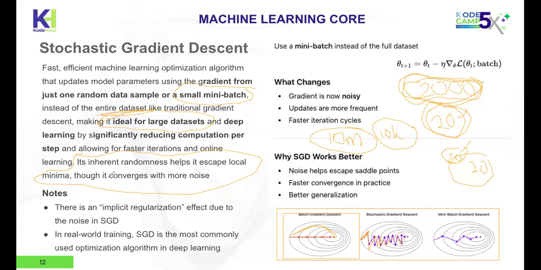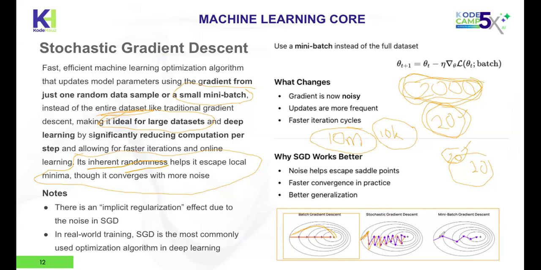But what stochastic gradient descent brings is that with this randomness, sometimes it can help you to jump out of a local minimum when you change the sample, the data subsample or the data sub batch or mini batch, right?